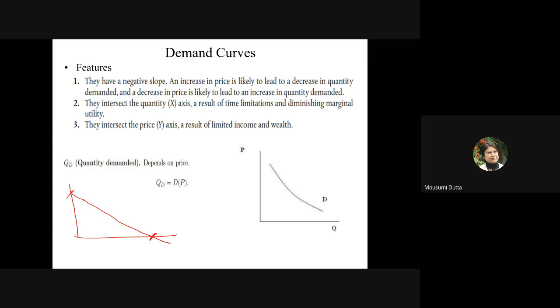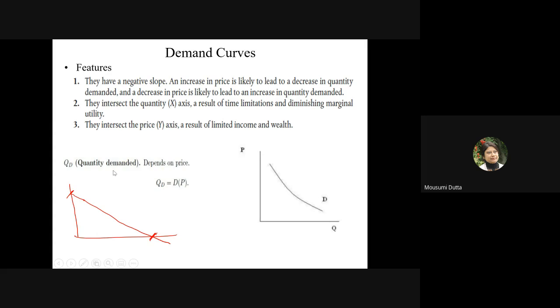Okay, so the demand you are presenting can intersect the y-axis as well, based on your purchasing power, income, wealth, etc. So logically, the curve can intersect both the horizontal as well as the vertical axis.